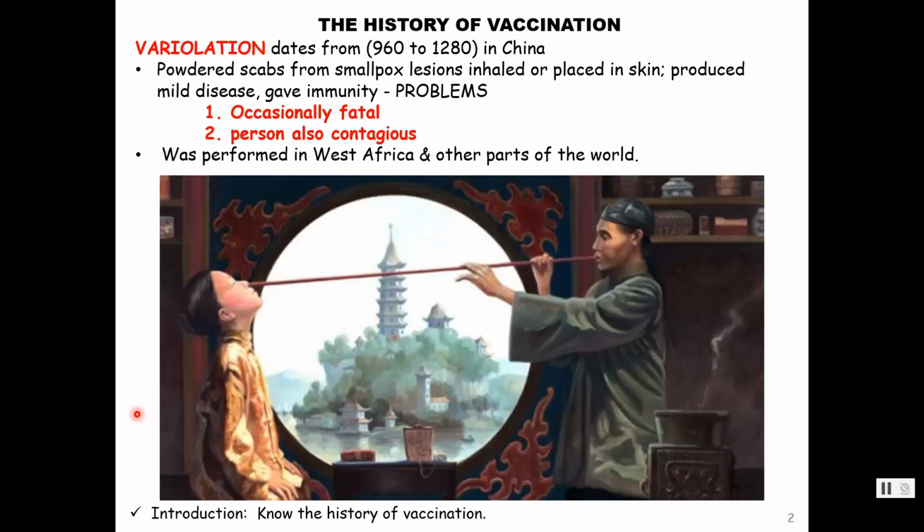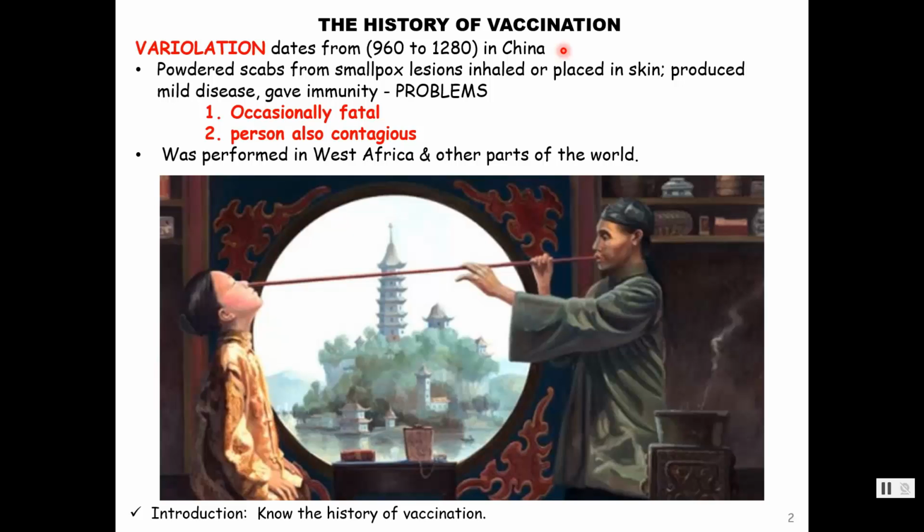All right, so let's talk about the history of vaccination. There was a process called variolation, and it dates back to about 960 to 1280 in China, which is the oldest record or account of this process. At this time, smallpox was throughout the world, and 1 in 3 people died of smallpox. It was highly contagious. People had lesions, pock marks, with pus.